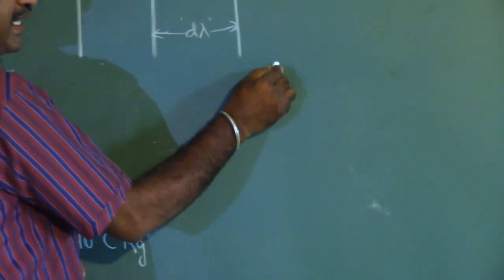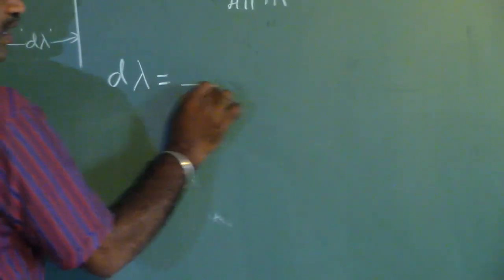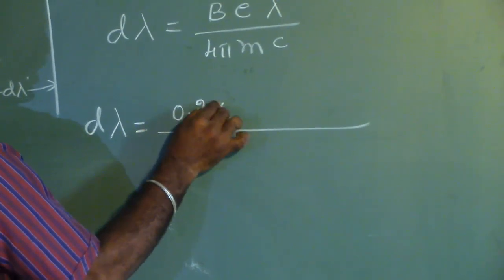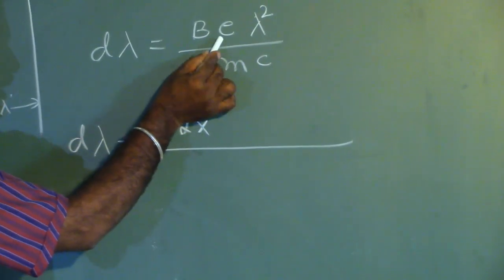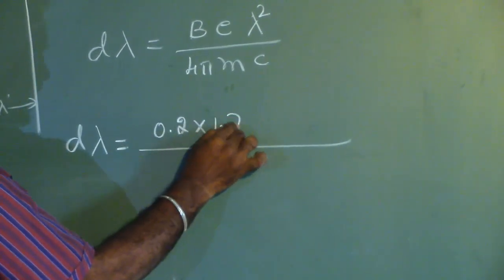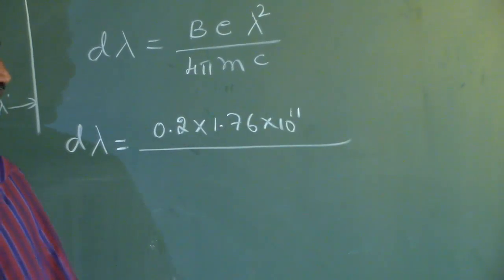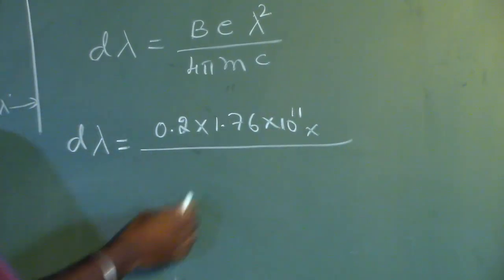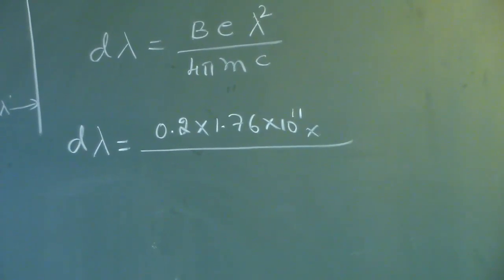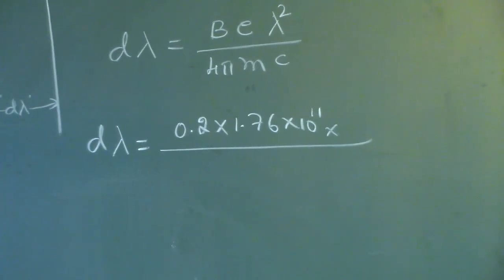The value of B is 0.2 Tesla, and instead of substituting the charge and mass of the electron separately, I am directly substituting the specific charge ratio, 1.76 into 10 to the power of 11, into the wavelength, which is 600 nanometer.